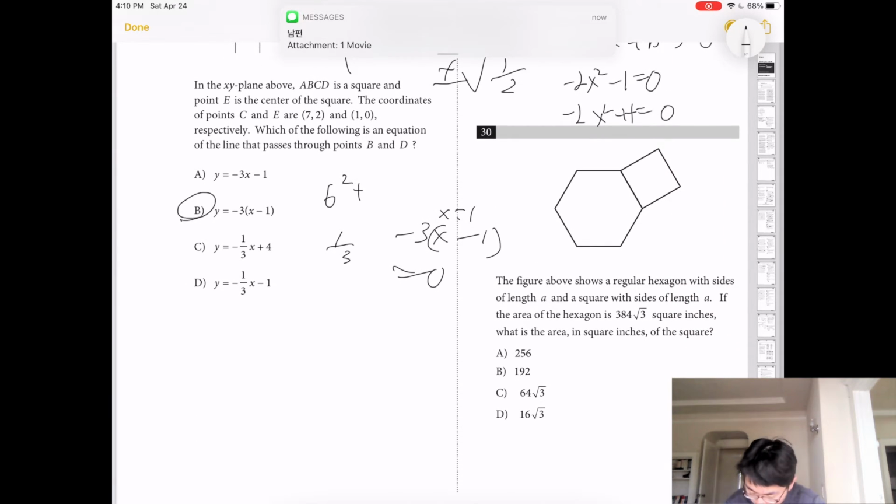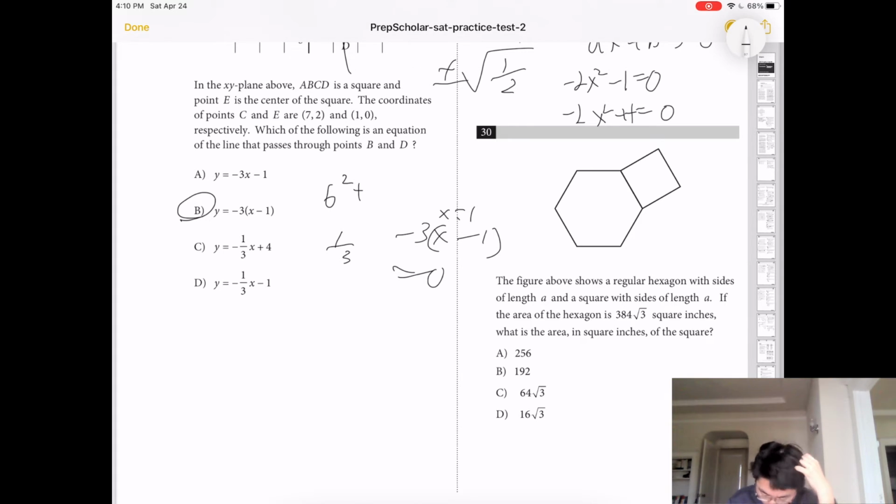Number 30, if the area of the hexagon is 384√3 square inches, what is the area in square inches of the square? So each triangle would be that divided by 6, which is 64√3.